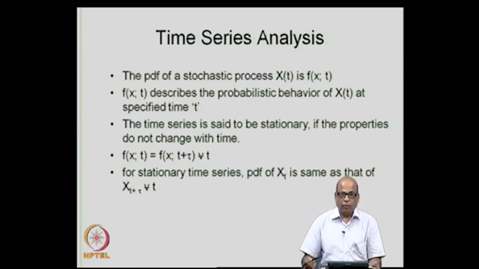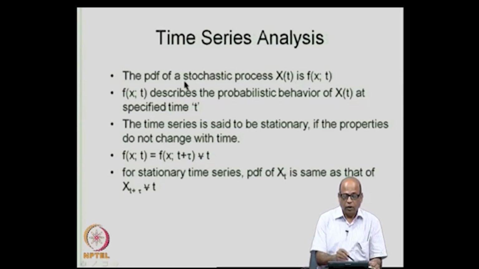Now, remember x t becomes a random variable. So, x t has its own PDF, x t plus 1 has its own PDF, x t plus 2 has its own PDF, etcetera. So, across time you have a collection of random variables, and the process behaves in a certain probabilistic way at time period t, which may be different from its behavior at time period t plus, let us say, tau.